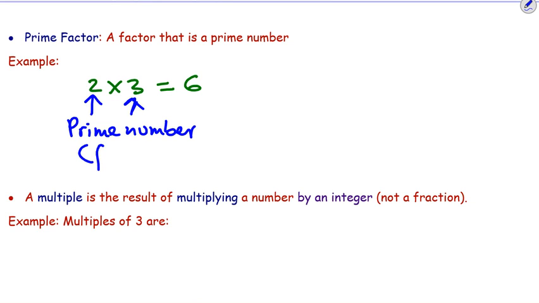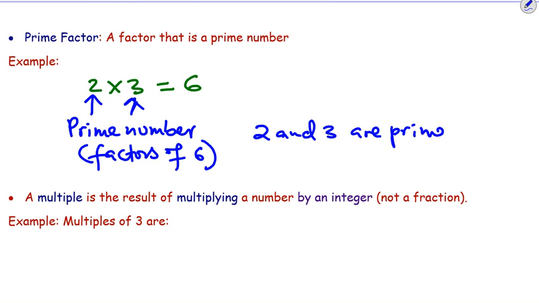But they're also factors of 6. Therefore, we can say that 2 and 3 are prime factors because as much as they are prime numbers, they are also factors of 6.